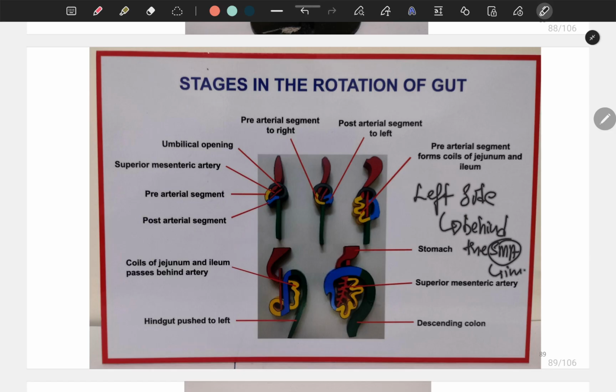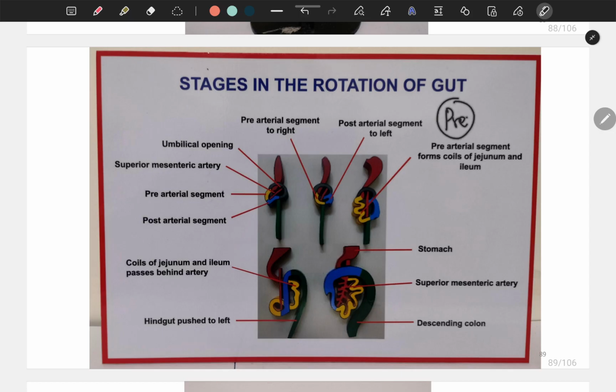Important. The pre-arterial segment comes first into the abdominal cavity, and takes a second rotation, 90-degree anti-clockwise, and moves behind the superior mesenteric artery and goes towards the left side.